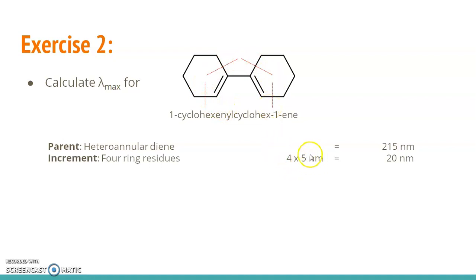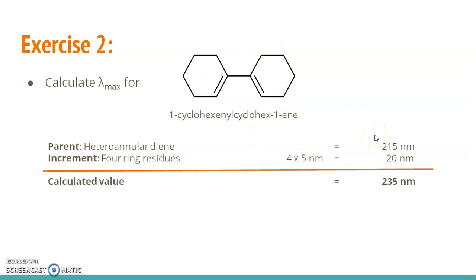I have 5 nanometer for each ring residue and I have 4 ring residues. That is an increment, in total 20 nanometer. So there is nothing left out. On adding this, we get 235 nanometer as the calculated value for this particular molecule.